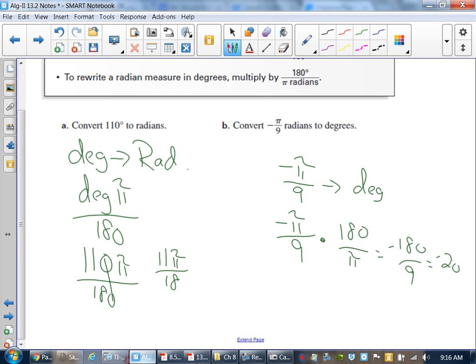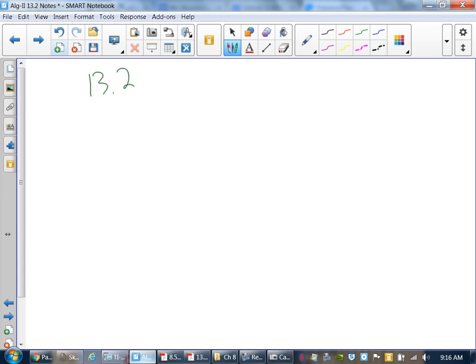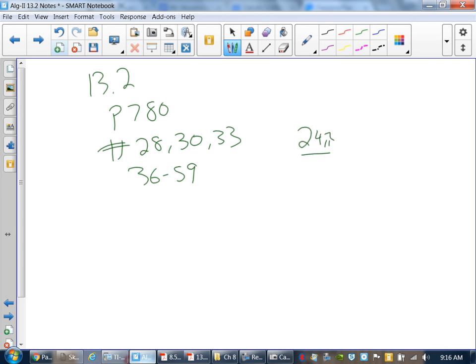So let's do this. This is 13.2, page 780. I gave you a couple of "find the coterminal angle of 24 pi over 7."